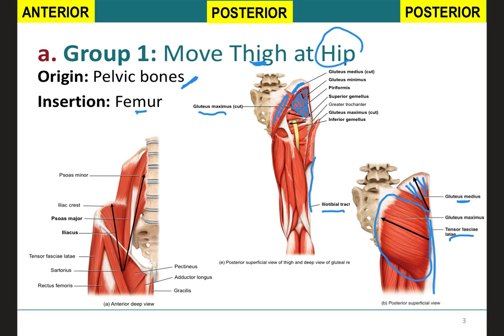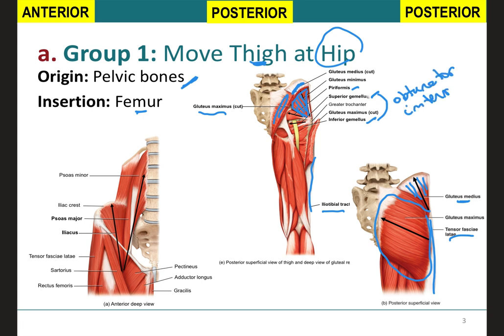Underneath the gluteus maximus, we're going to have a group of 4 muscles that are smaller, but will do the same function as the gluteus maximus, which are lateral rotation and abduction at the hip. And these are the piriformis, the superior gemellus, and the inferior gemellus that we can see over here. In between the superior gemellus and the inferior gemellus, there's another muscle that's the same size as these 2, called the obturator internus.